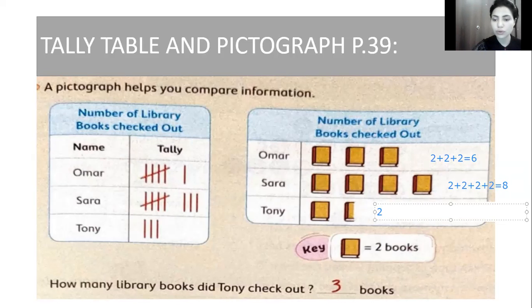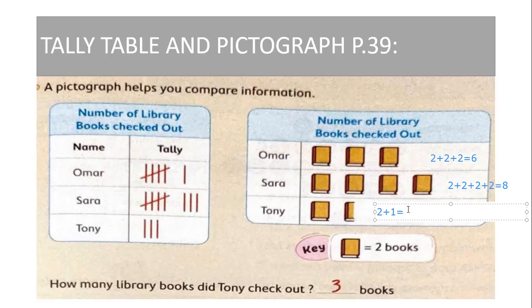So I write 2 plus 1 equals 3. So one book equals 2 books. Here is 3, here is 3, here is 8, here is 6. How many library books did Tony check out? He checked out, Tony, 3 books.